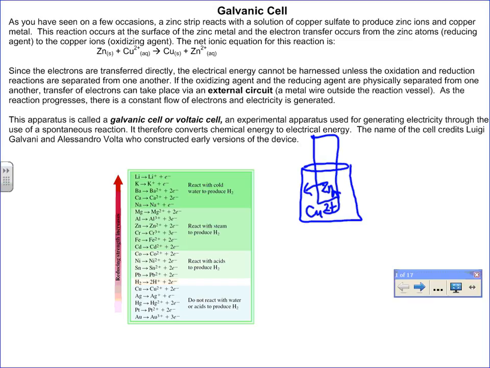So we can measure the voltage, or we could connect a light bulb, or in examples of your laptop or any device that you use that has a battery in it, the same principles are being used. We're using a redox reaction and harnessing the electrical energy that's produced in order to make use of it.